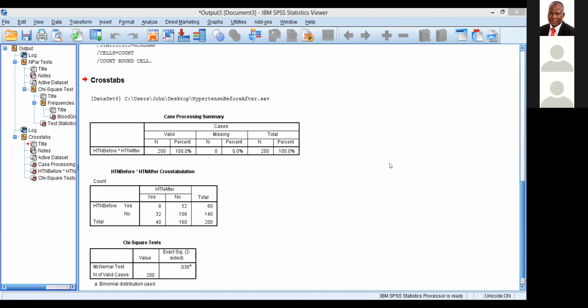God is great. It's only the human brain that can calculate it. I've not seen software that calculates McNemar and brings the result out. If you see anyone, let me know.